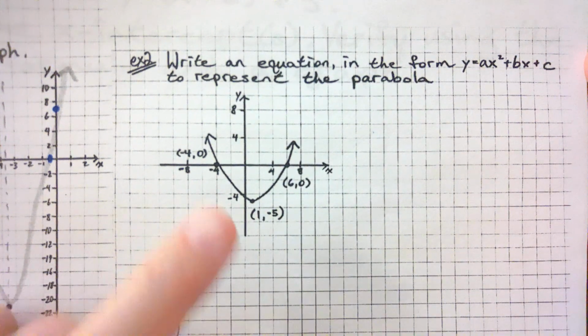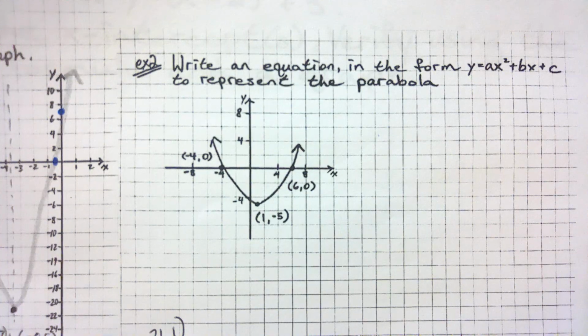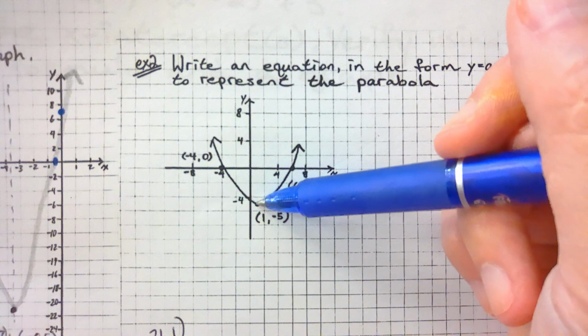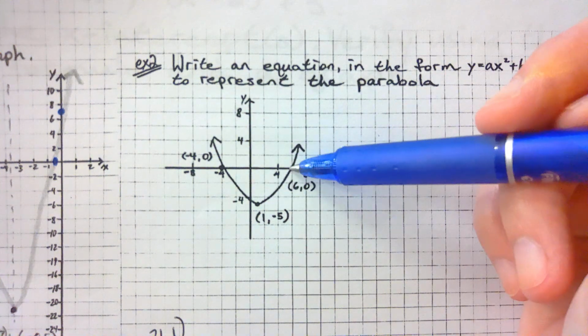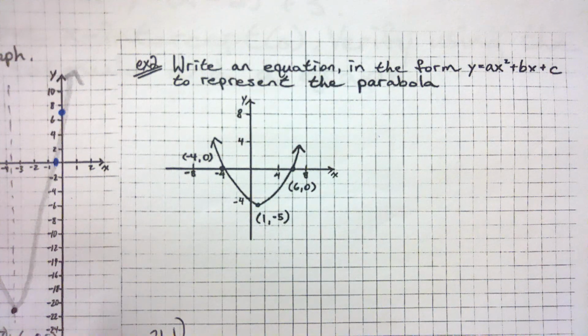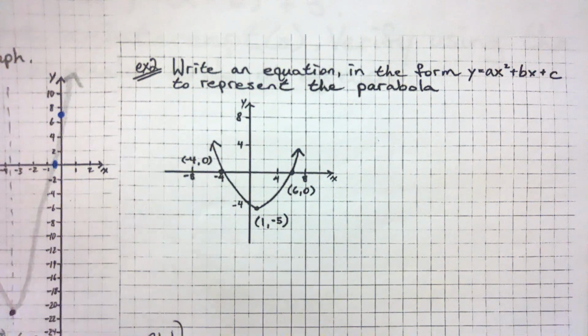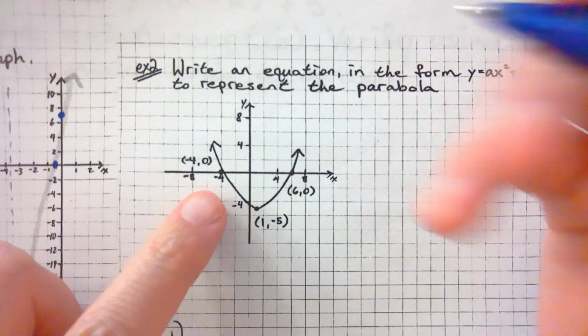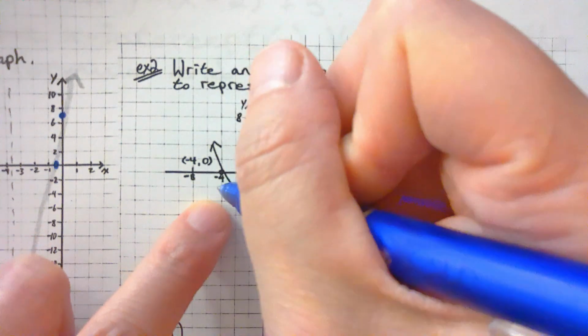Okay, so which format do you guys like more? Vertex form or factor form? Vertex. Okay. Either one, I actually gave you the vertex and I gave you the x-intercept, so it doesn't matter which one you do. Since we're talking about x-intercepts, let's do the factor.